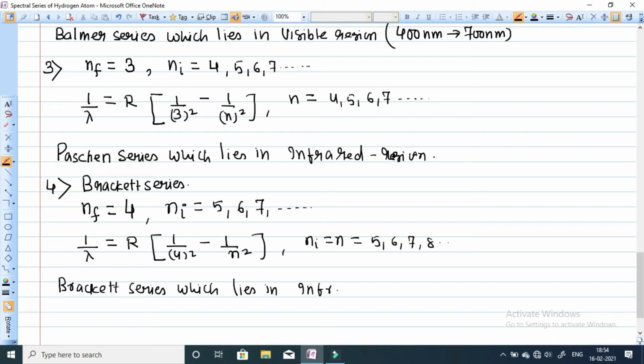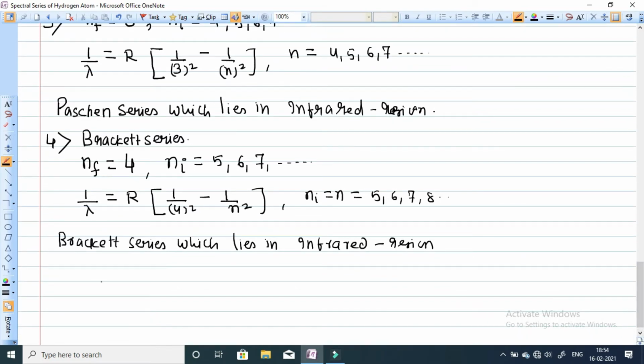The last three spectral series lie in the infrared region, and the final one, the fifth, is the Pfund series. Similarly, if n final is equal to 5, we need to choose a higher energy state, which may be 6, 7, 8, 9, 10, like this.